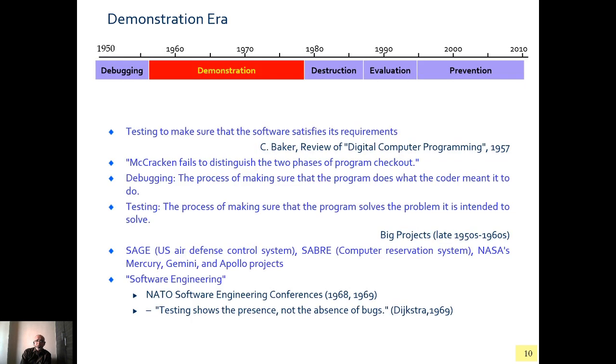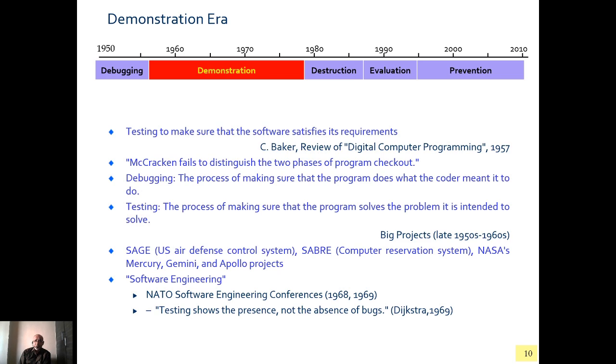In the demonstration era, testing was to make sure that the software satisfies its requirements. There is a slight variation here from the programming world: you are entering the world of requirements.